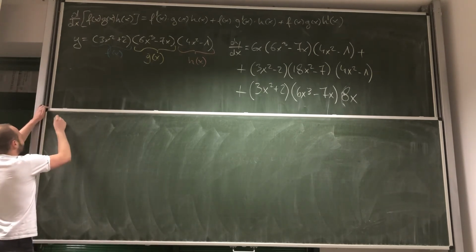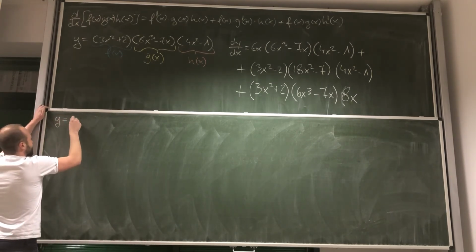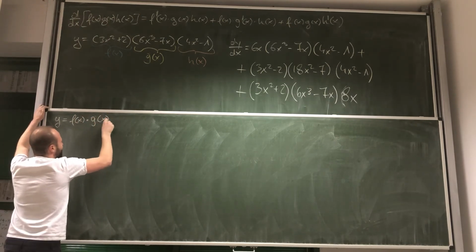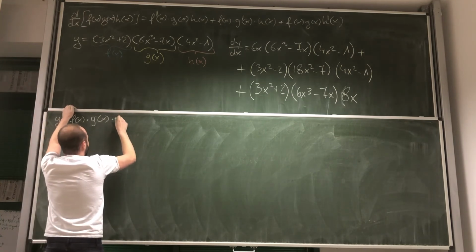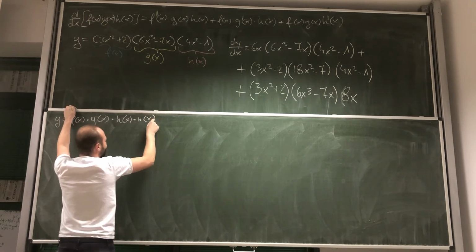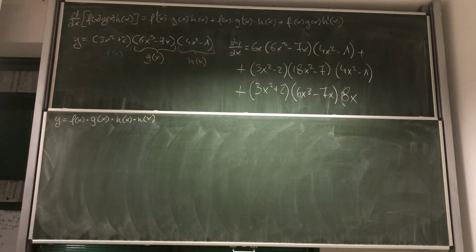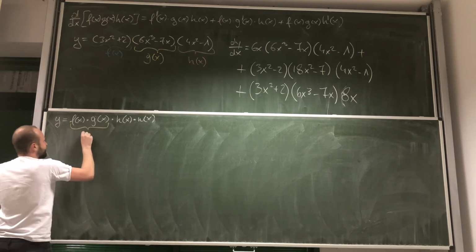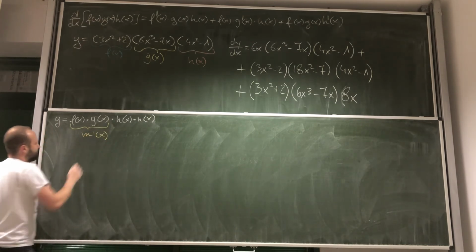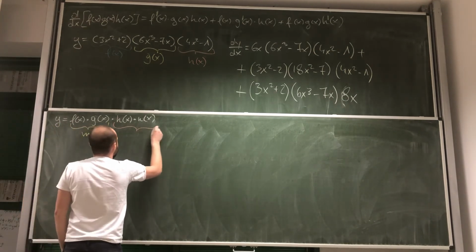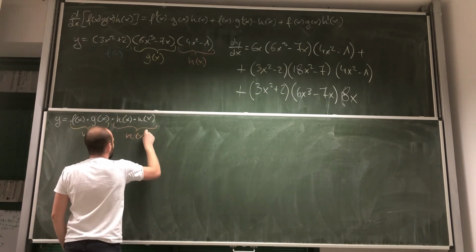If I, for example, have the function y equals f of x times g of x times h of x times some n of x, so we've got four functions. Look, what could I do over here? I could, in the first step, say that this is m of x, the first function. Then I could say that this is n of x.